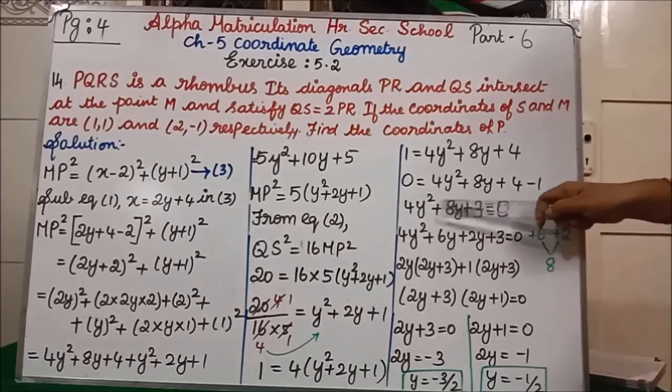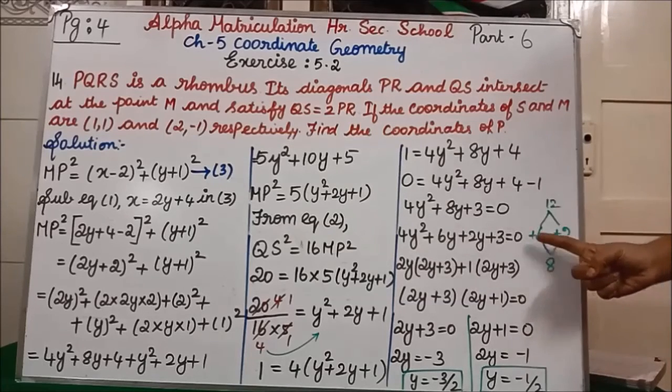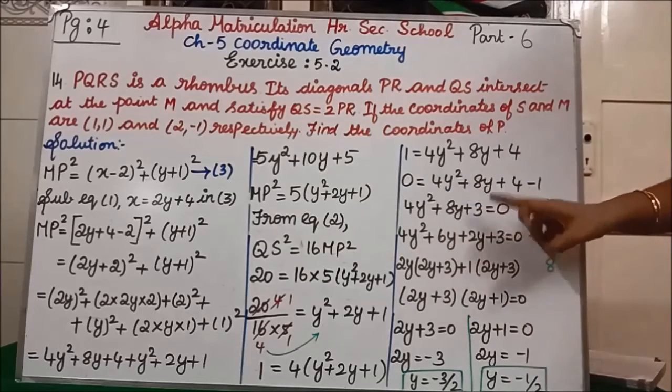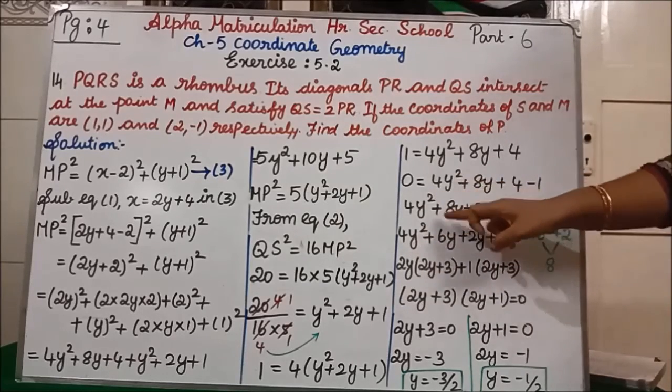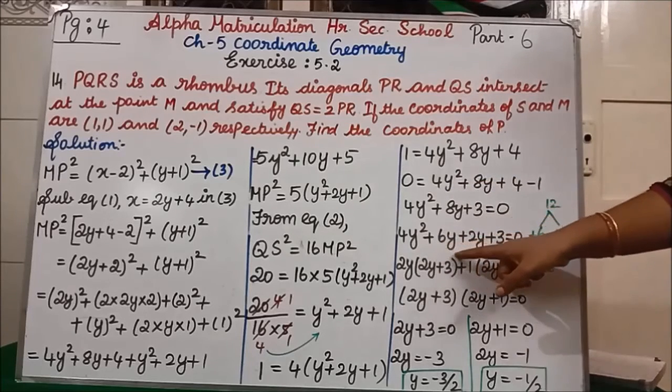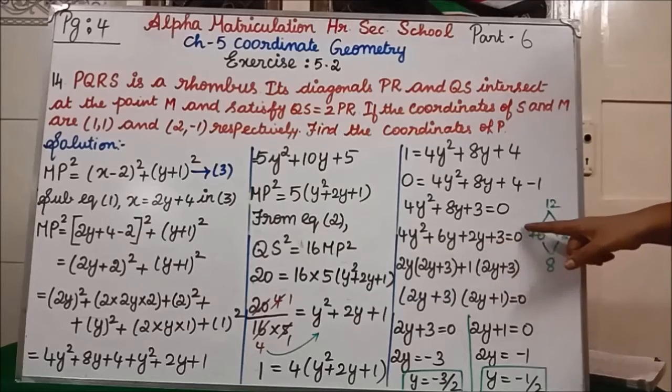Instead of this 8y, we write 6y, and here what 2? So plus 2y we are writing. Plus 3 we write as such. So the first term and the last term we write as such. Instead of this 8y we write these 2 terms. Clear? Plus 6y plus 2y plus 3 equal to 0.